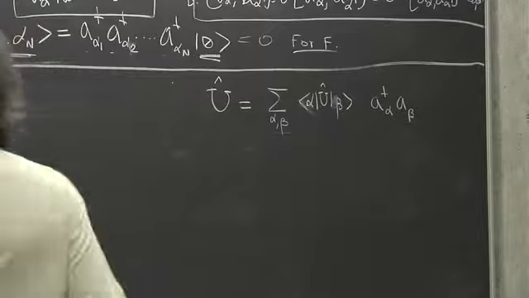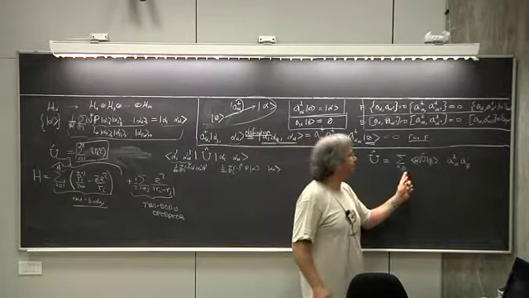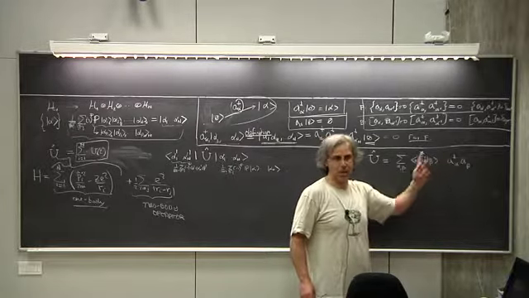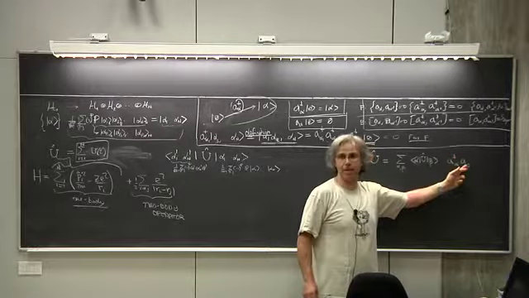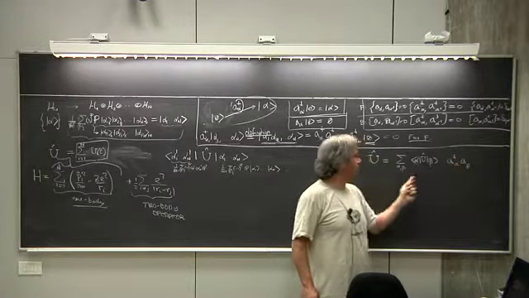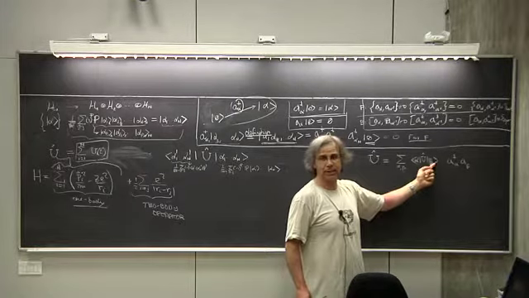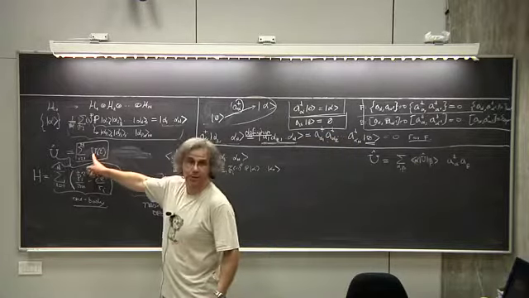So a one-body operator in second quantization will look like a sum of objects like A dagger A, okay? A single pair, one A dagger and one A. However, all labels are in general involved, and the weight that you have to put in front is the matrix element of the operator that you are dealing with, okay?